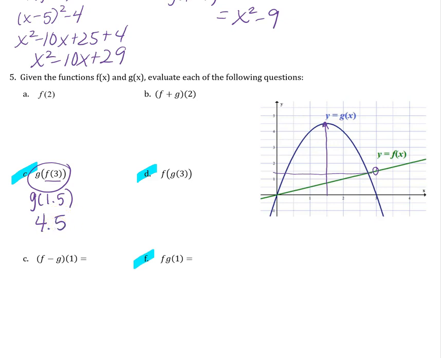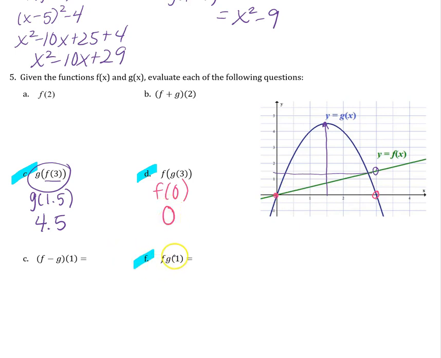Okay, for D, g of 3. So go to 3. Go up to the g function, which is the navy blue one. So I'm at 0. So then I'm doing f of 0. So f of 0 then, here is 0, and I'm at 0 again.